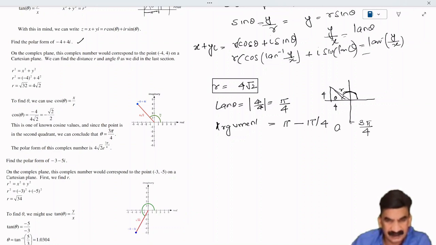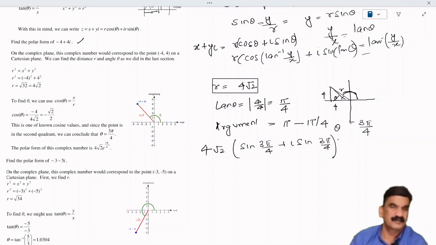I can write it as phi if you want, which is my theta. So I will now write the complex number as 4 root 2 times cos 3 pi by 4 plus i sine 3 pi by 4. This is the correct representation.